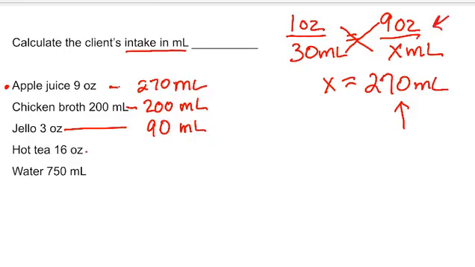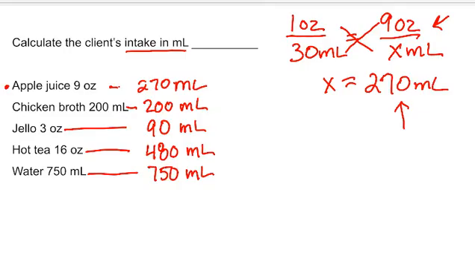And then we have 16 ounces of hot tea. And if I take 16 times 30 milliliters per ounce, I'm going to get 480 milliliters. And then my water is already in milliliters, so I don't have to convert that. I'm going to do 750 milliliters.